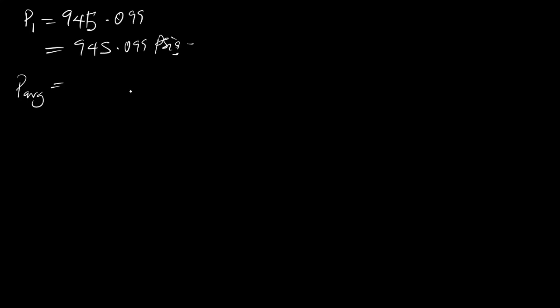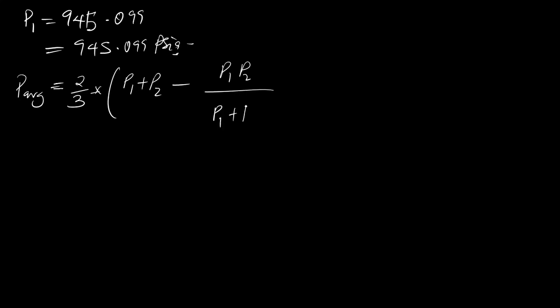Now, since we have gotten this, we can now calculate the average pressure, which is equal to 2/3 times P1 plus P2 minus P1 P2 divided by P1 plus P2.